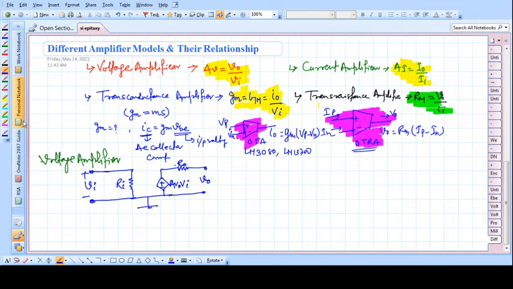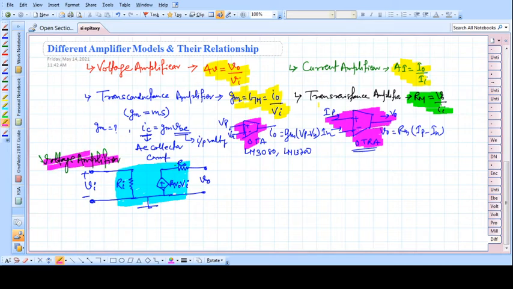Okay, so basically this part is our amplifier section. This one is our voltage amplifier.